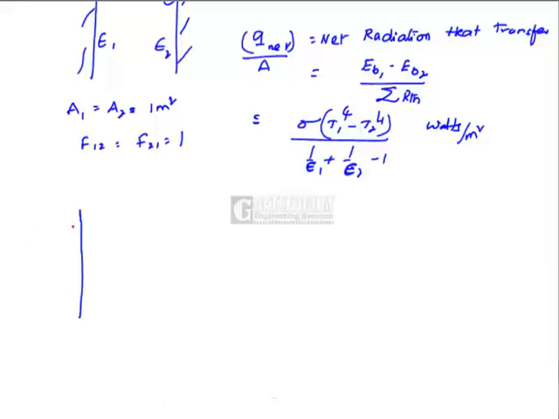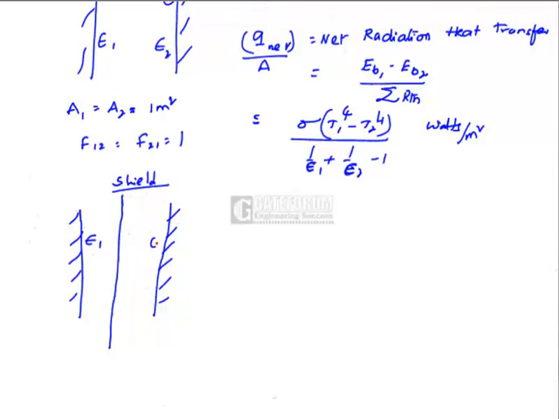So this is the figure which indicates the presence of the shield between the two surfaces, epsilon 1, epsilon 2. The shield has emissivity of epsilon 3, the emissivity of the radiation shield.